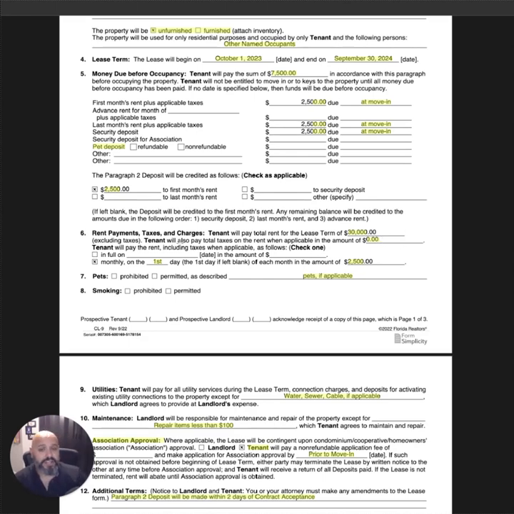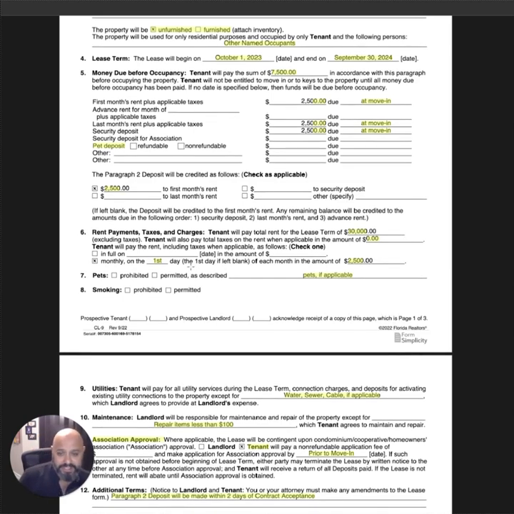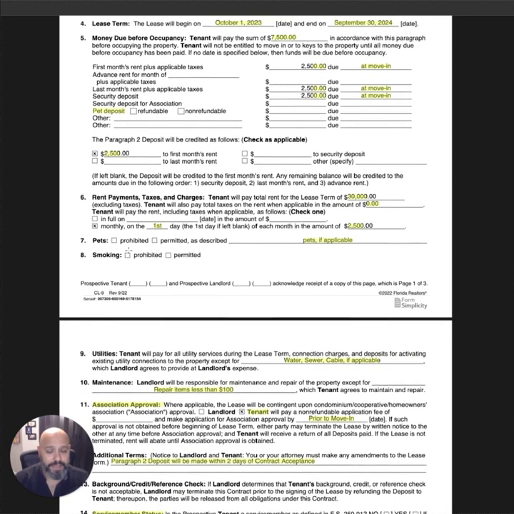Okay, so are they paying that $30,000 in full on a certain date, or are they paying monthly for $2,500? In this example, we're saying that they're going to be paying monthly on the first day of every month in the amount of $2,500. If pets are prohibited or permitted, let's go ahead and write that here.